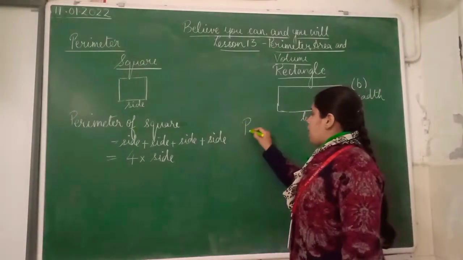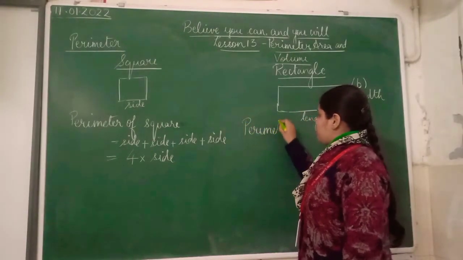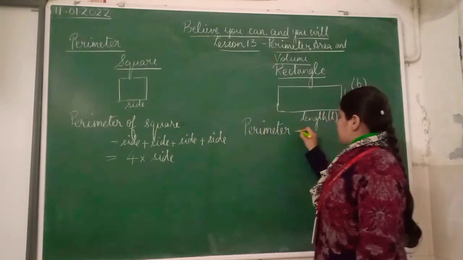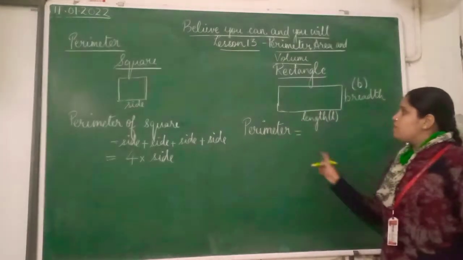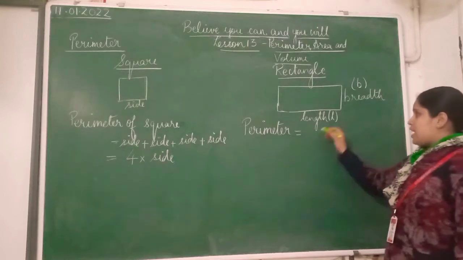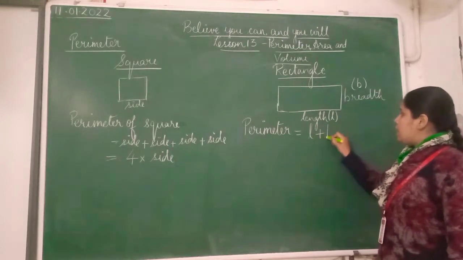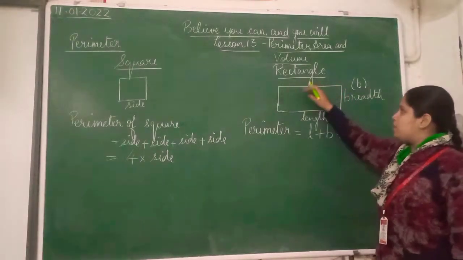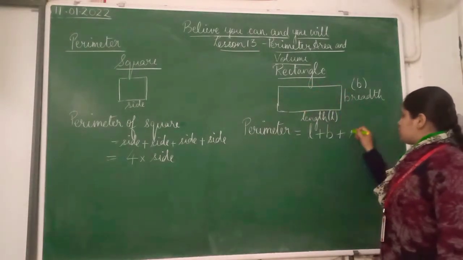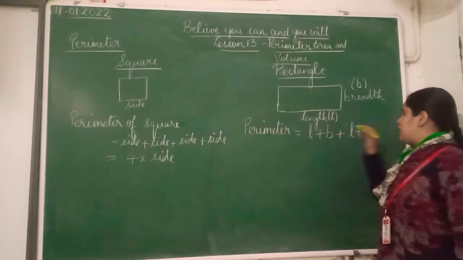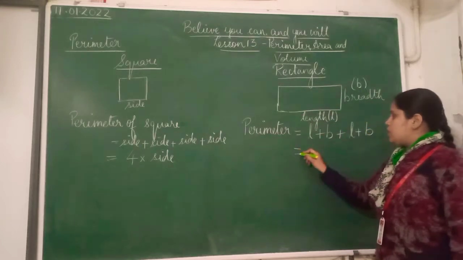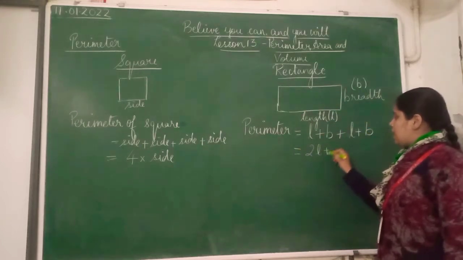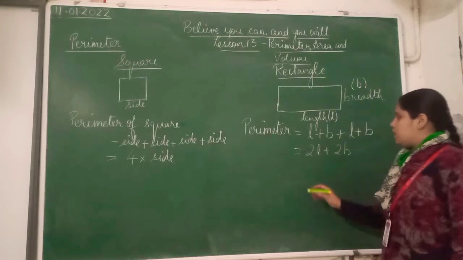Now again applying the same concept of perimeter, right, we will be finding the perimeter of this rectangle. So here L plus B, this is again length because in rectangle opposite sides are equal. So this is again L, then this is again B. So here there are 2L and 2B.